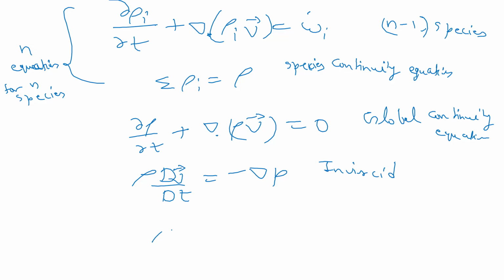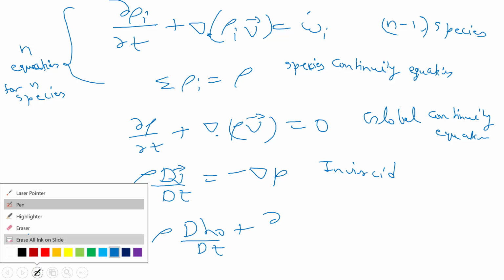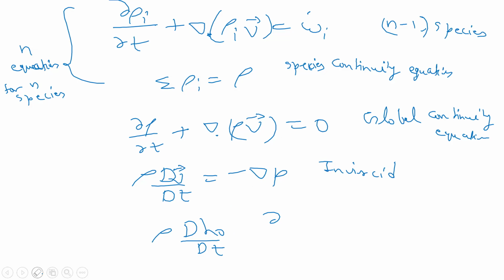And the energy equation will be given by rho dh naught upon dt equal to del p upon del t plus q dot.